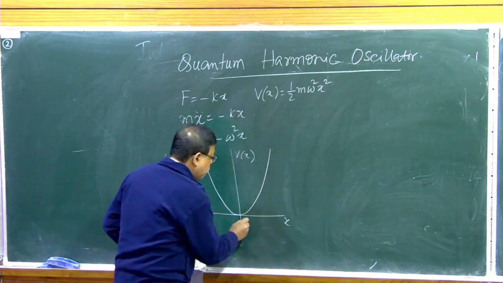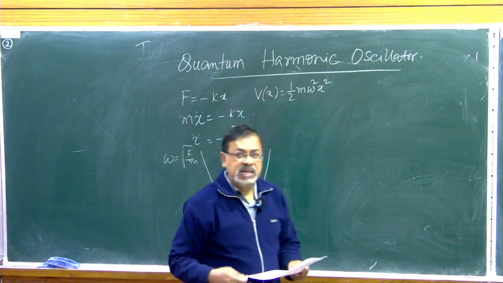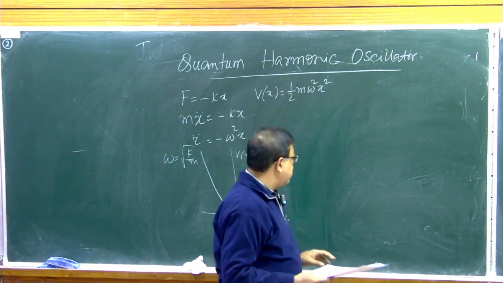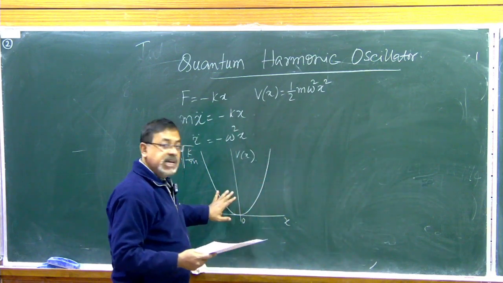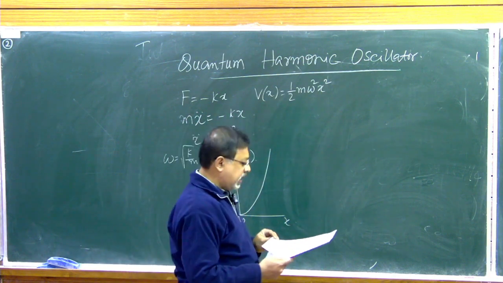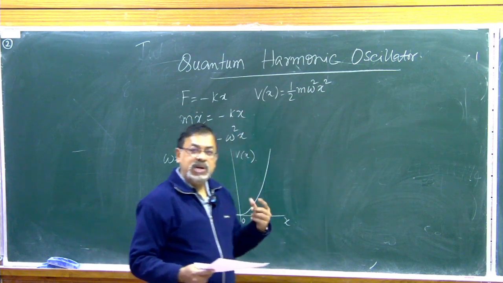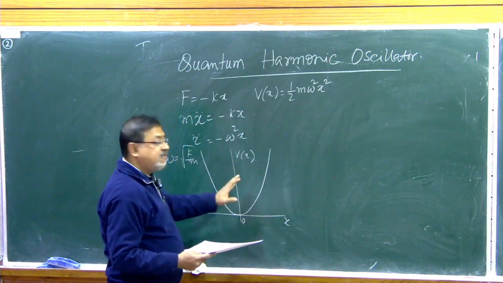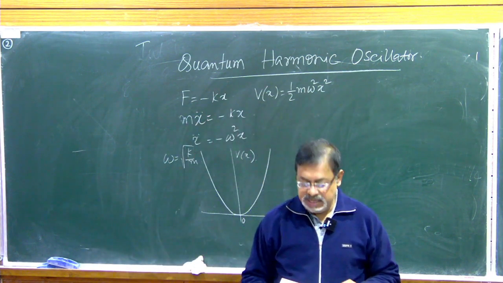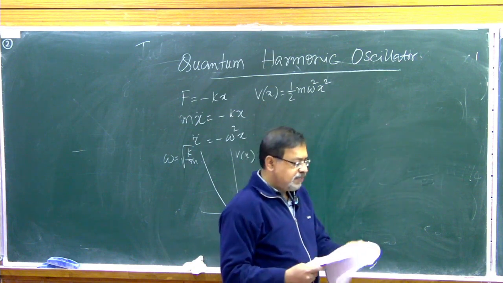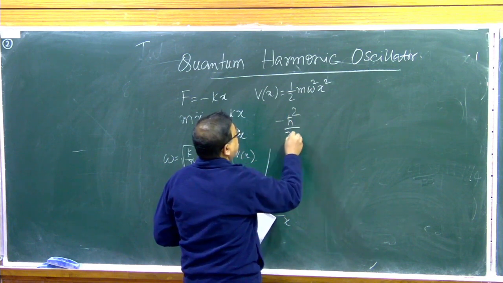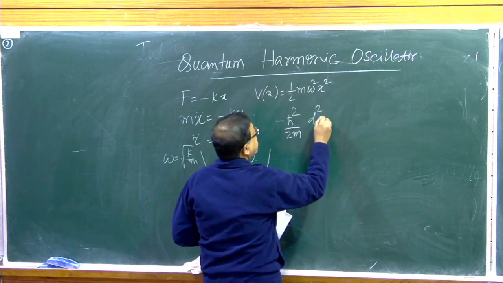Let us call this x equal to 0, and you will see that if you ignore a constant term, the term which is linear in x vanishes because there is no external force acting on the particle, and the only term that survives is half kx square, where k is given by the curvature of the potential, d2V by dx square. So we will have to solve this problem, and that is what we mean by quantum harmonic oscillator.